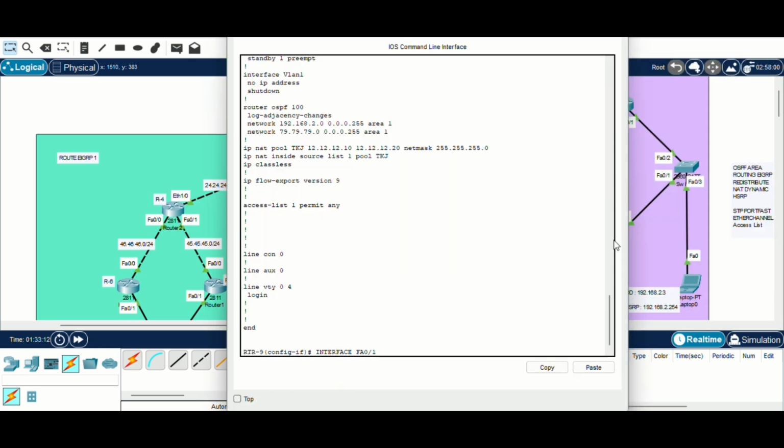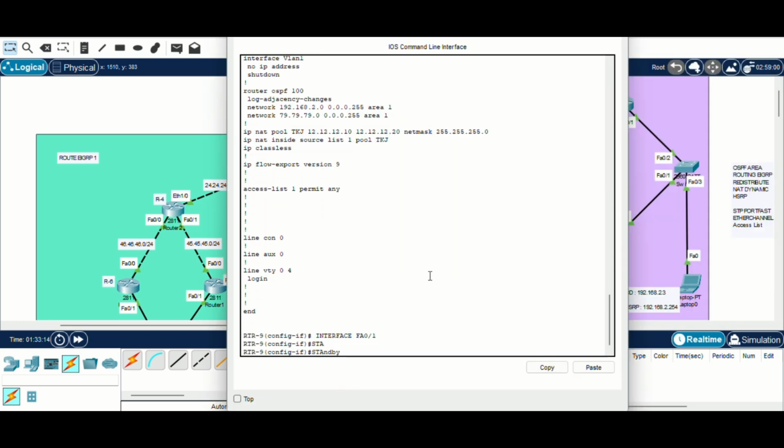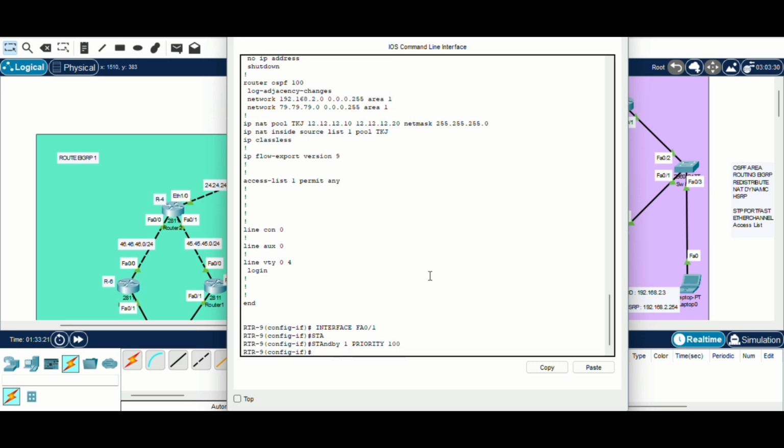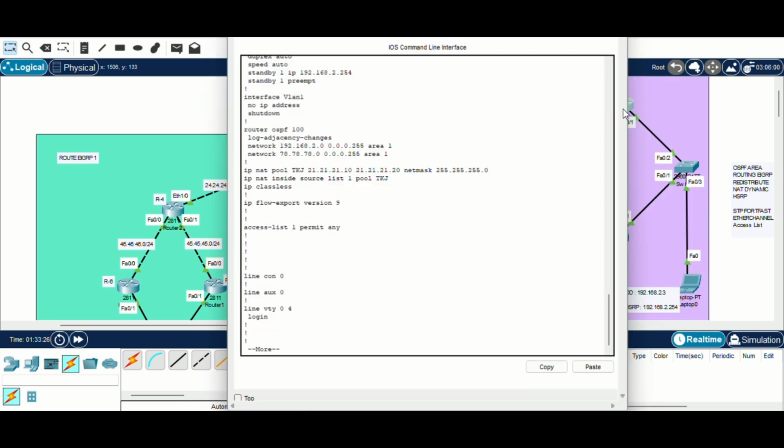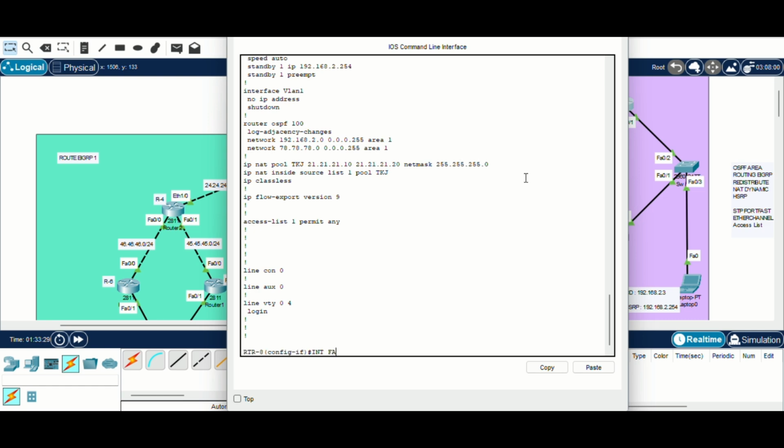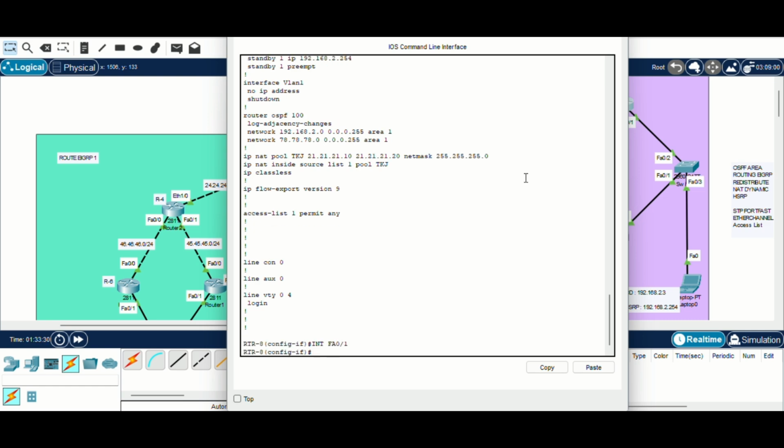Okay guys, after that make this and then one where it is good. Then for the interface reboot.